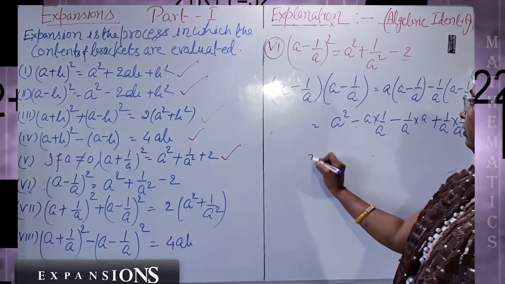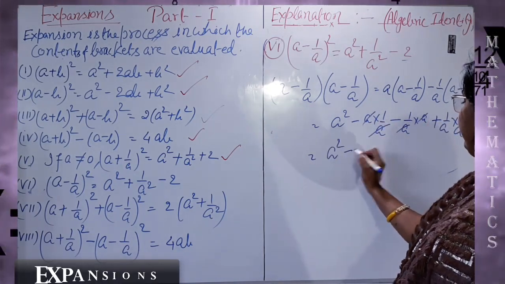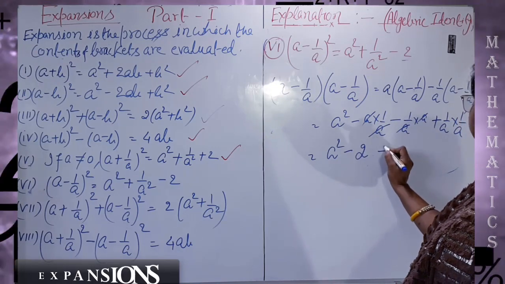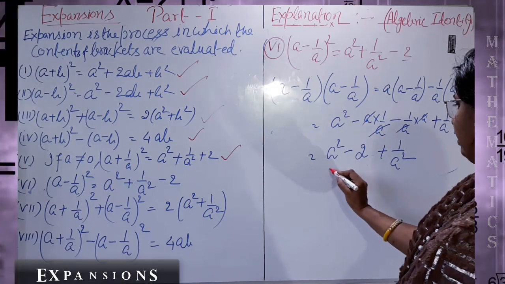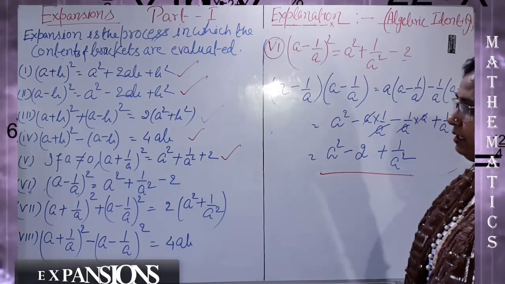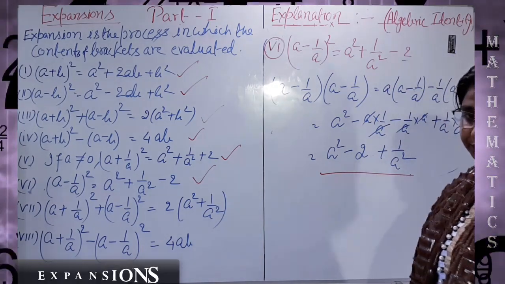Okay, now a cancels: a square minus 2 plus 1 by a square. It is your sixth number identity. Sixth number identity proved. Now seventh number.